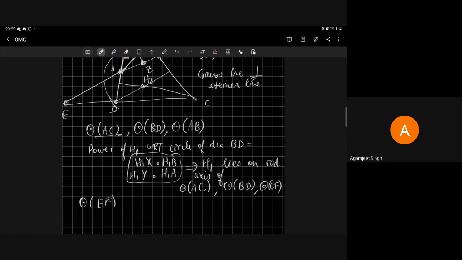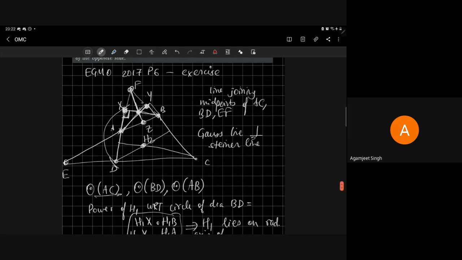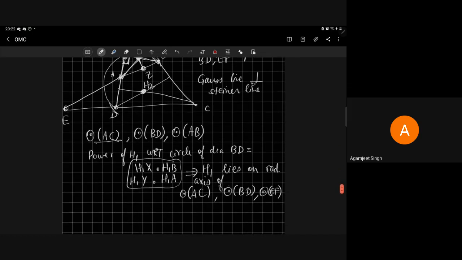So we can use the same argument for H2 also. So I'll just write that down. H2, same argument: H2 has equal power with respect to the circles of diameter AC, BD, and EF.